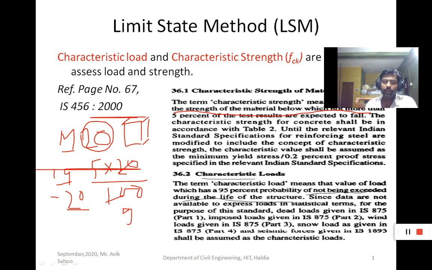That's why they have used the probabilistic approach to find out the characteristic load. So the characteristic load means the load with 95% probability of not being exceeded during the life of the structure.